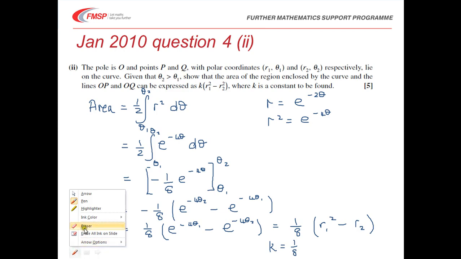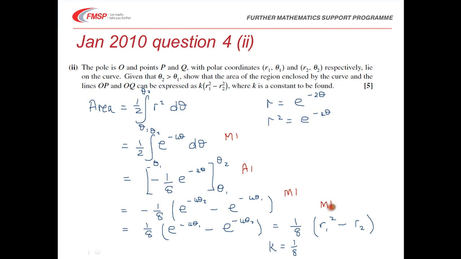So there were 5 marks for that question, and if we just have a quick look at how the marks are actually awarded, you got a method mark for seeing that you were integrating e to the minus 4 theta, a half of that, an accuracy mark for doing the integration correctly, a method mark for substituting in your limits, and a method mark for showing then that that was 1/8 of r1 squared minus r2 squared here, and then an accuracy mark at the end just for stating the value of k.